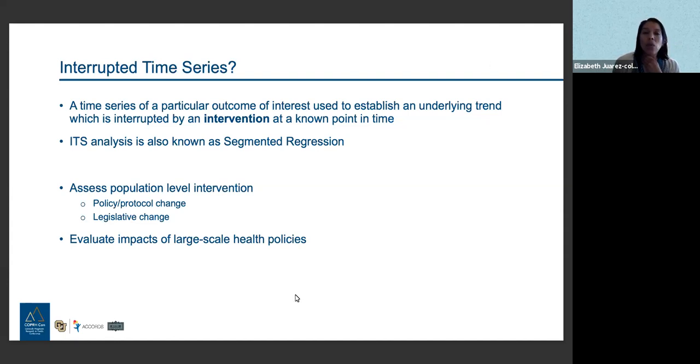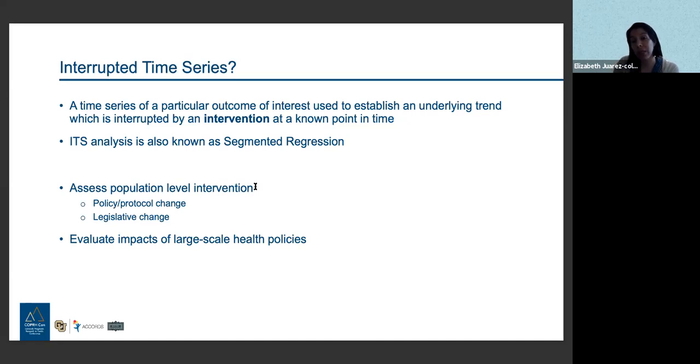ITS analyses are used to assess the effect of an intervention, a population level change or a protocol change, or any kind of change at a high level. For example, at a given hospital, there might be a protocol change in the way asthma exacerbations are treated.